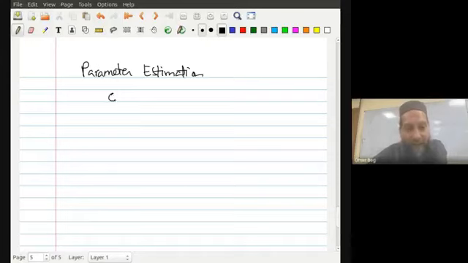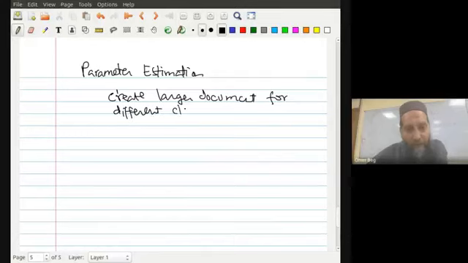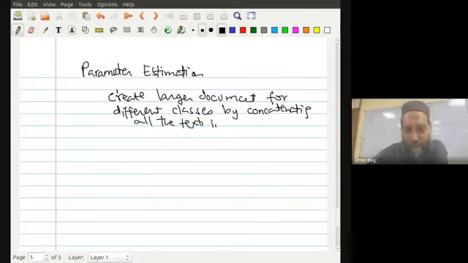So we create larger documents for different classes by concatenating all the texts in that class.